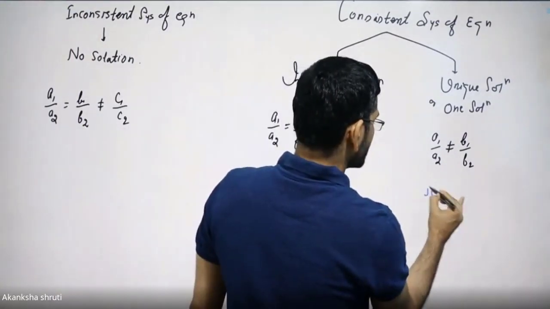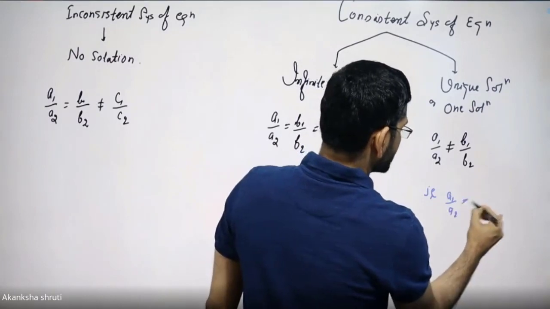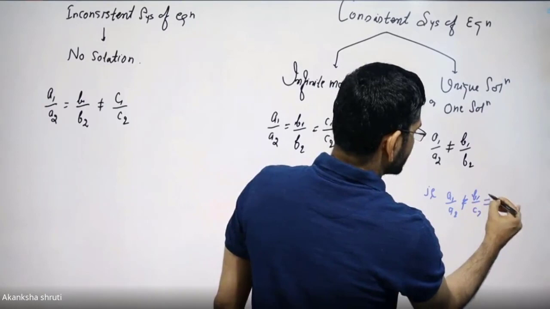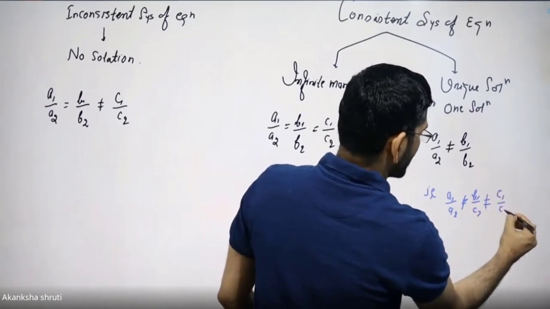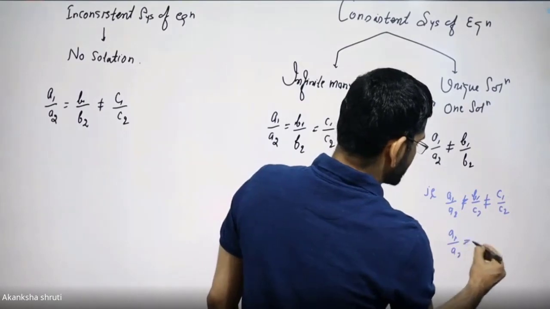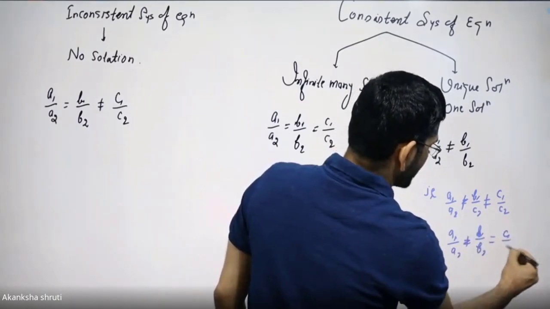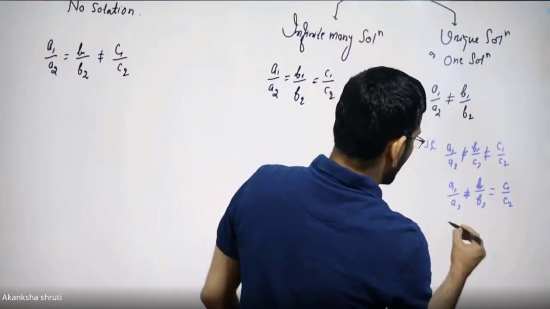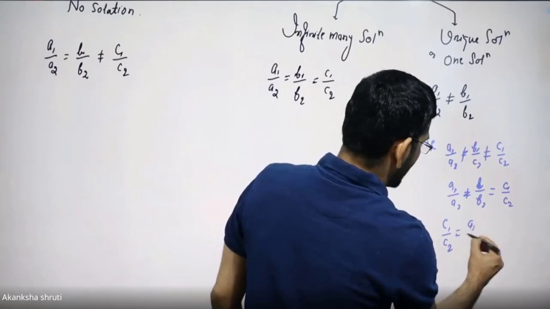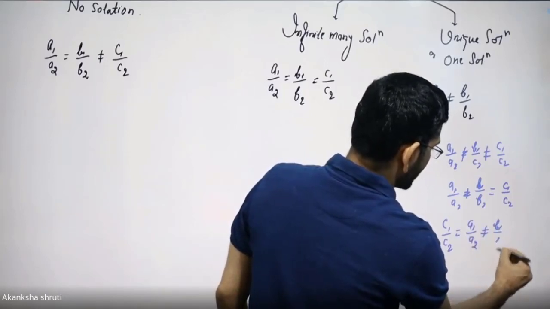It may be possible that a1 by a2 is not equals to b1 by b2, and that may also not be equals to c1 by c2. It may also be possible a1 by a2 is not equals to b1 by b2, and that is equals to c1 by c2. Students, it may also be possible that the c1 by c2 ratio is same as a1 by a2, but still it is not equals to b1 by b2.